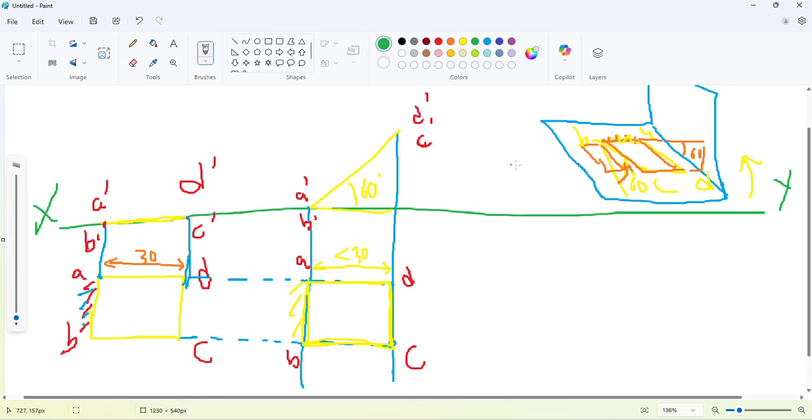So for that, what you have to do again, if you draw this thing here, initially this is like this, so you can say this is making 60 degrees with HP.